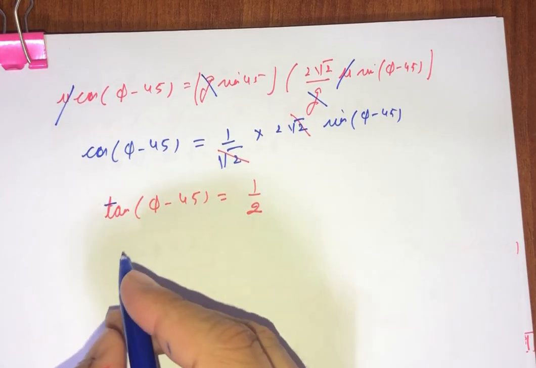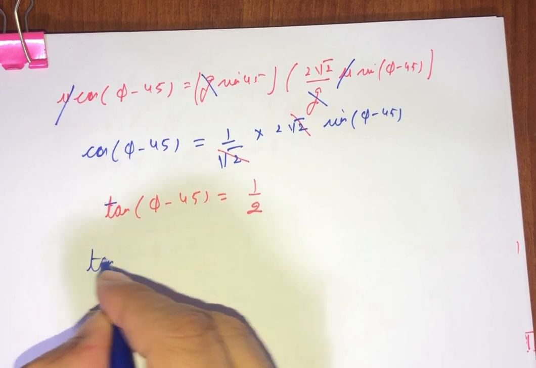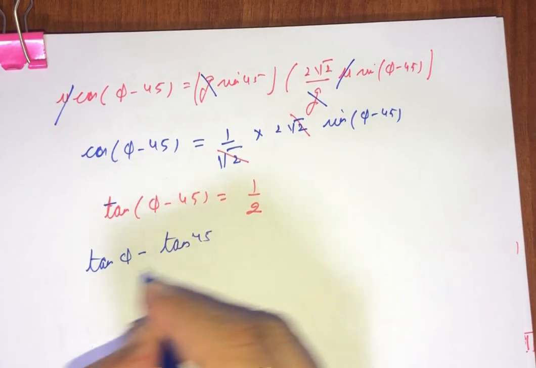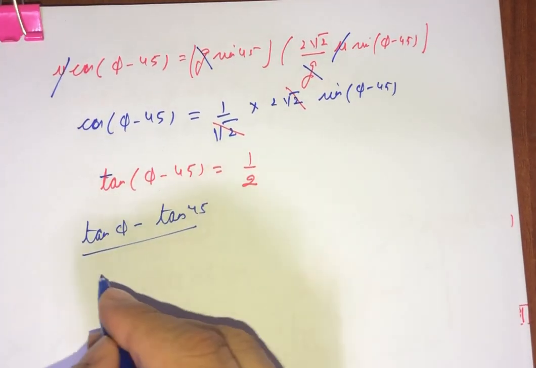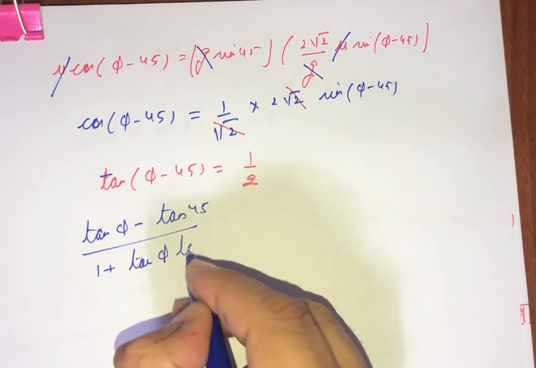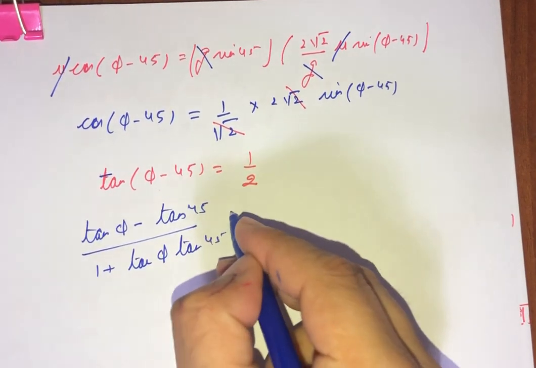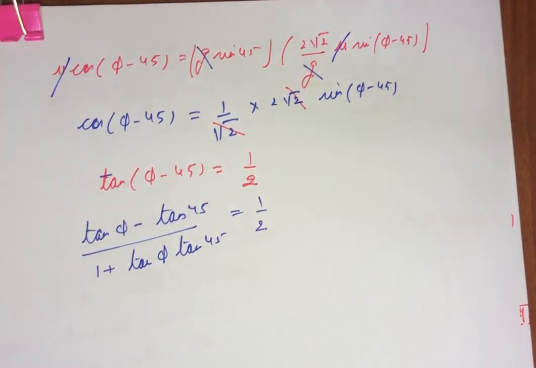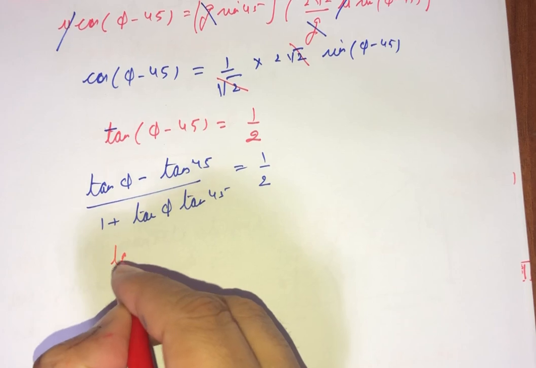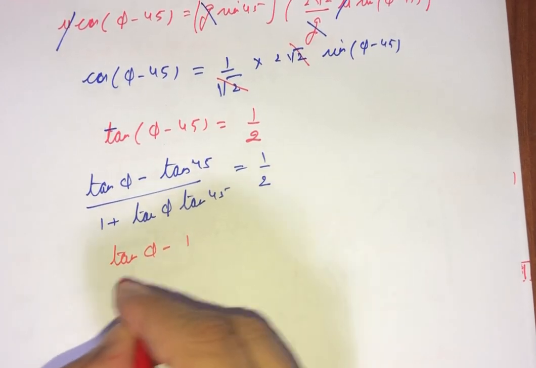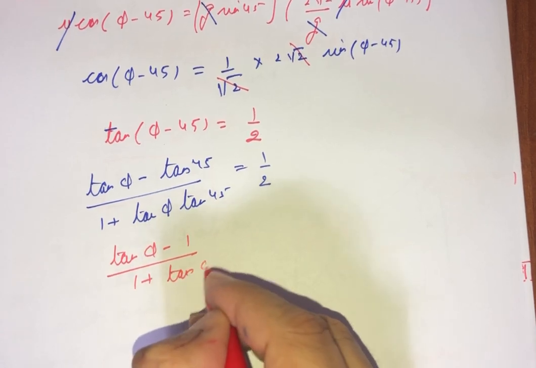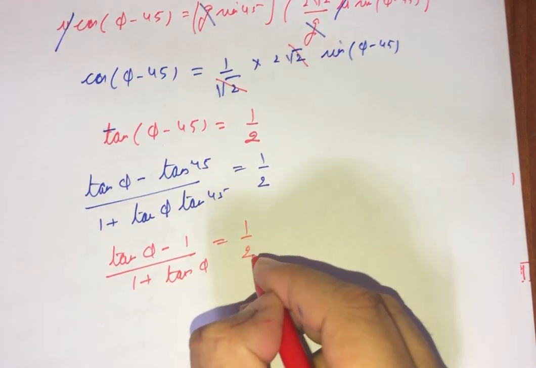We can write this as tangent of phi minus tangent of 45 divided by 1 plus tangent of phi tangent of 45 is equal to 1 by 2. Tangent of 45 is 1, so we get tan phi minus 1 divided by 1 plus tan phi is equal to 1 by 2.